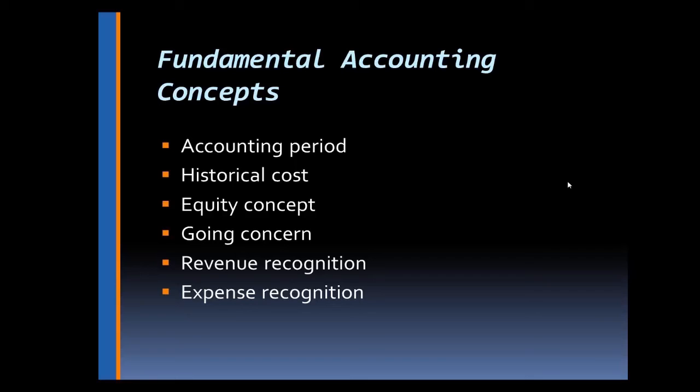It's what the company paid for the item, not what the market value of the item is today. Now, there are a few deviations from this. For example, marketable securities are revalued at the end of the accounting period. But this is a very small exception to the cost principle.